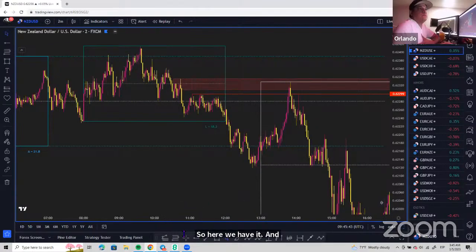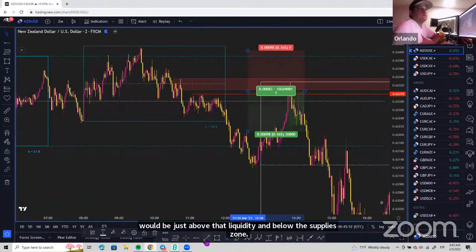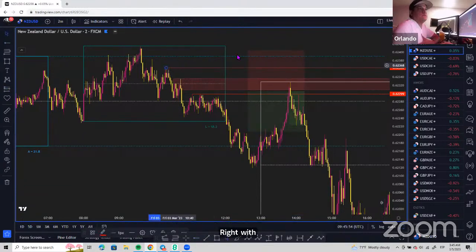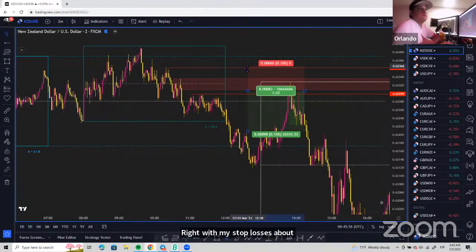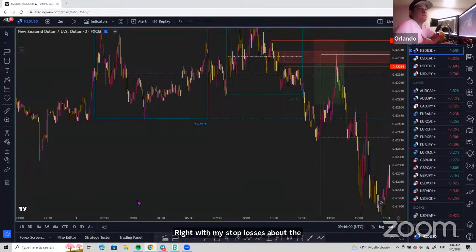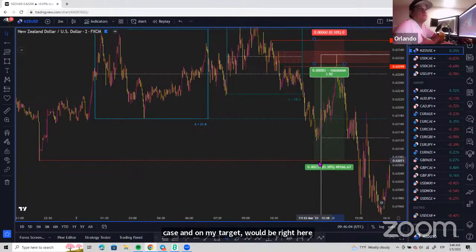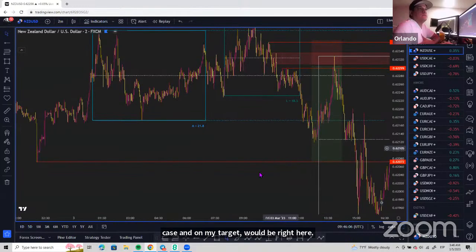In this case, my sell limit would be just above that liquidity and below the supply zone, with my stop losses above the structure high, and my targets right here at the structure lows, which yields about a 4R.